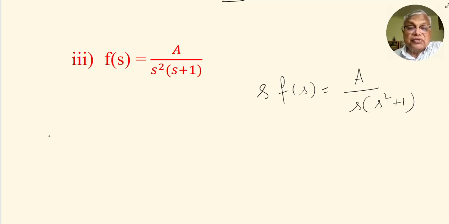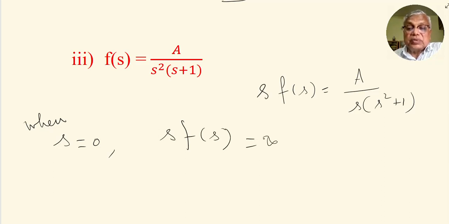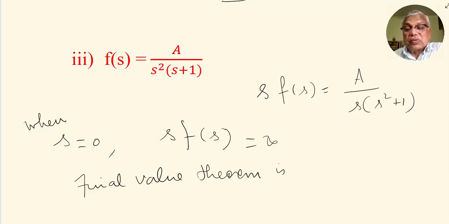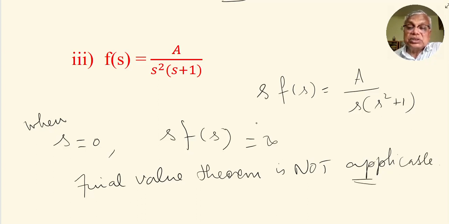Here if s equals 0, s into F(s) becomes infinity. So here also the final value theorem is not applicable. You cannot use the final value theorem here, because when s equals 0, s into F(s) becomes infinity.